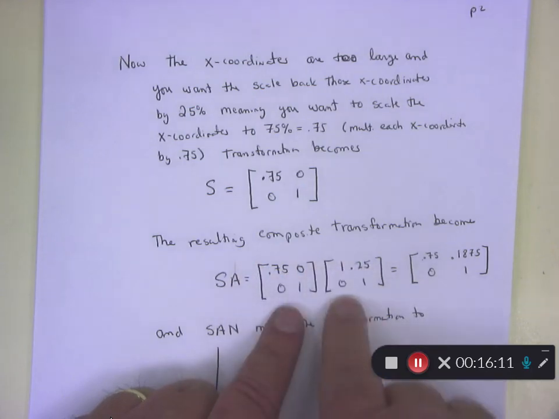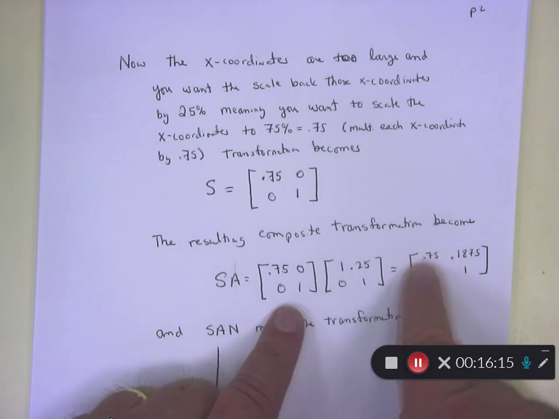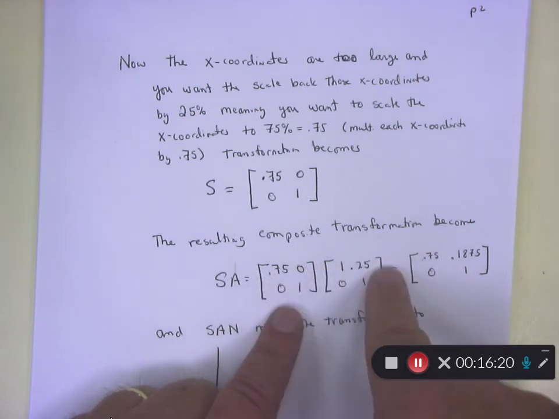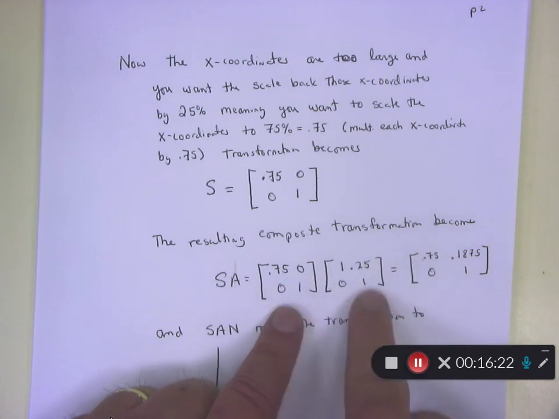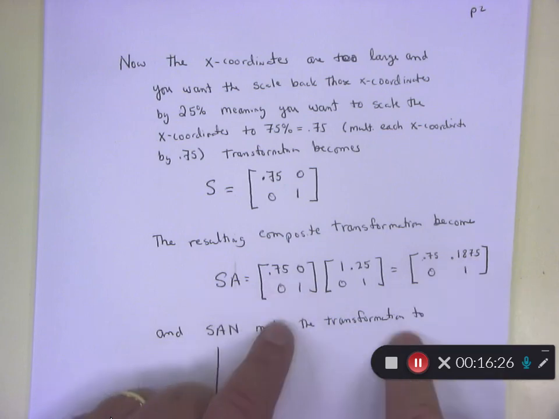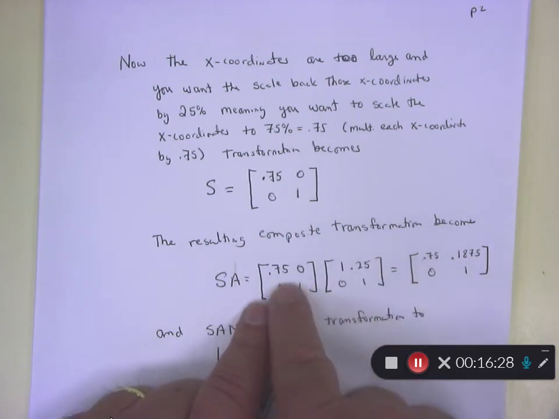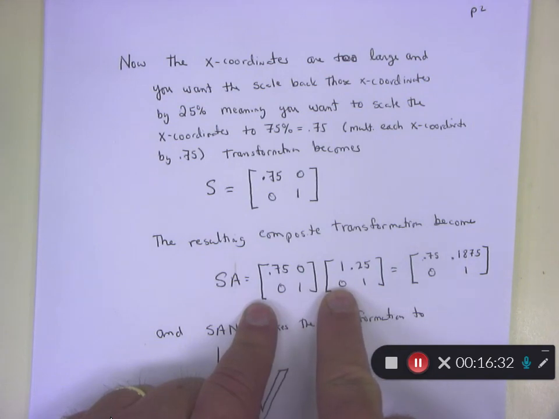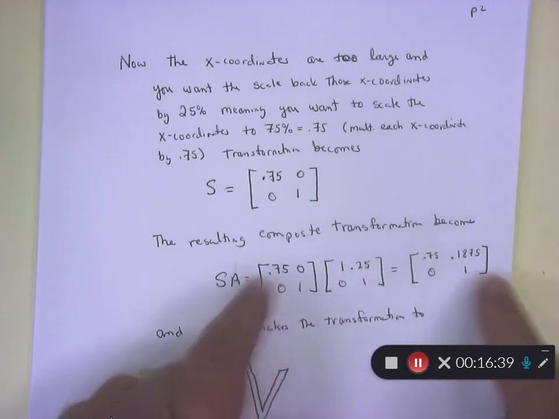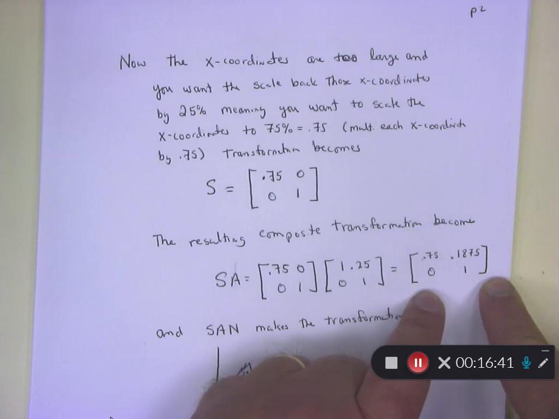So row by column, 0.75 times 1 plus 0 times 0, that's where the 0.75 comes from. Second column, 0.75 times 0.25 plus 0 times 1. 0.75 times 0.25 is where you get the 0.1875 from. Then 0 times 0 plus 1 times 0 is 0, and row by column, 0 times 0.25 plus 1 times 1, you get 1. So this is a combined transformation that does both.